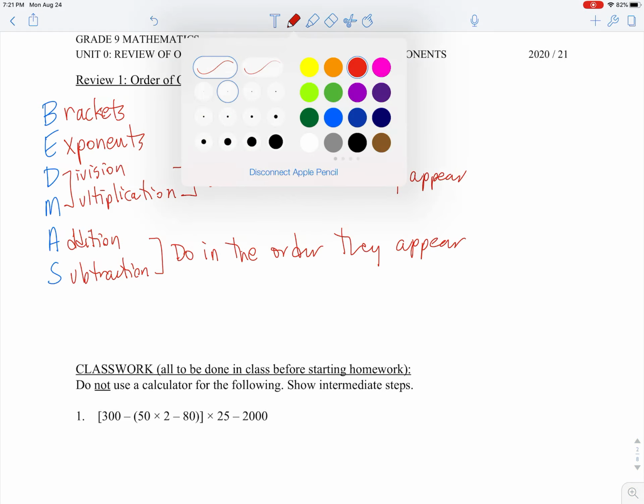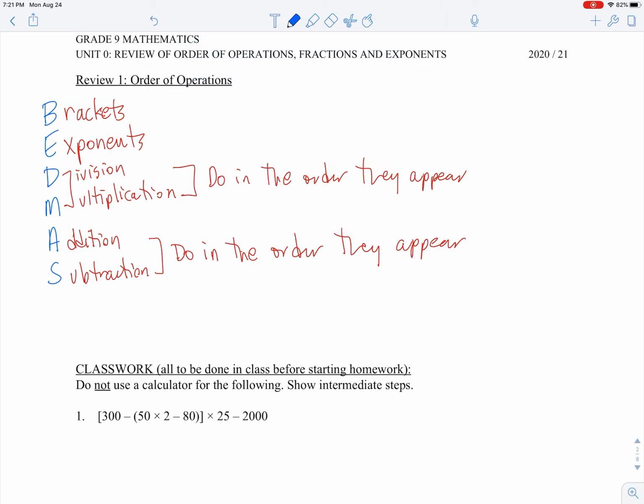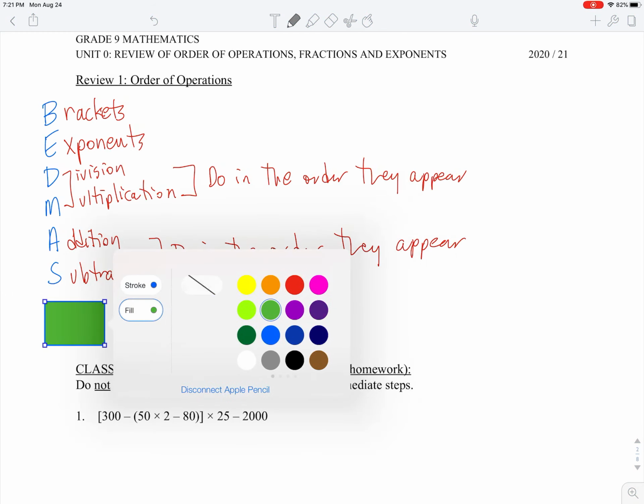And one other thing to mention, another word which you may or may not know, is the math word term.